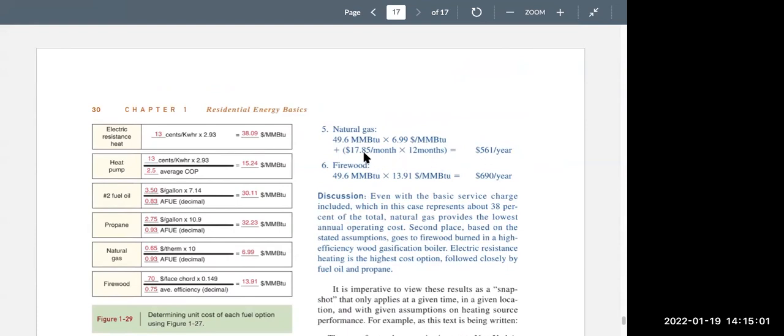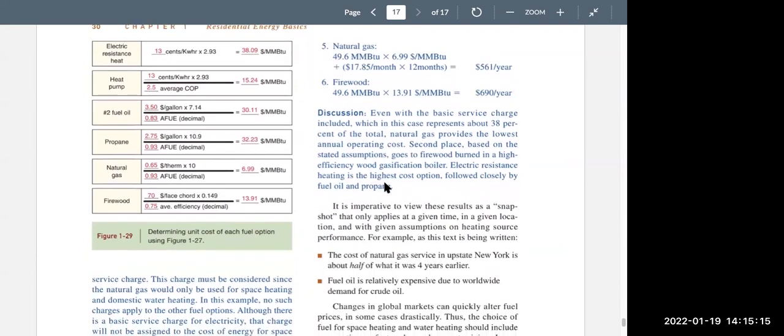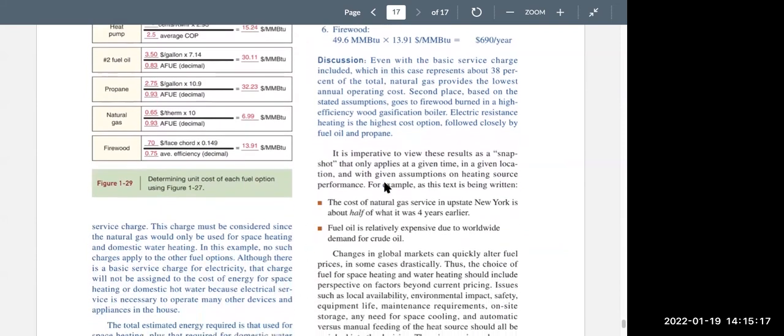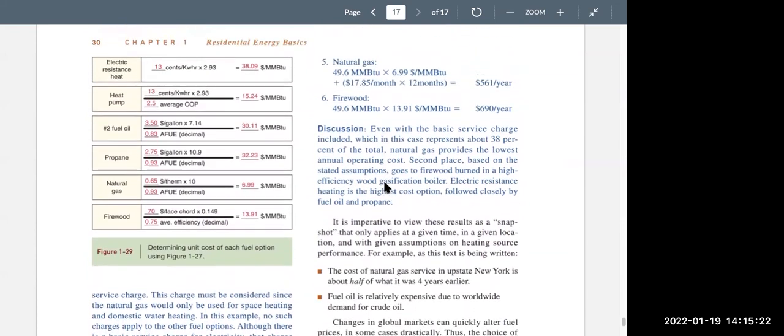And so they had to add in their electric service as well. And we look at wood. We get a better idea that that's only at $690 per year. So it all depends on what fuel source you're using and how much of that you need.